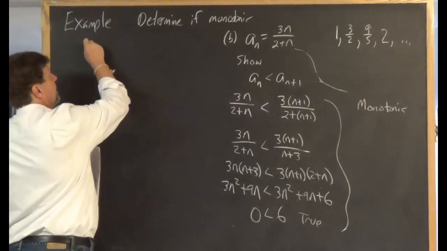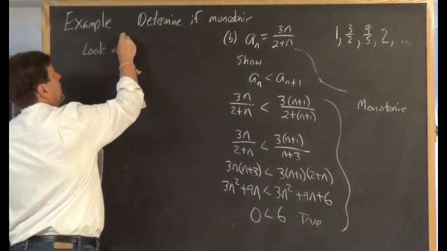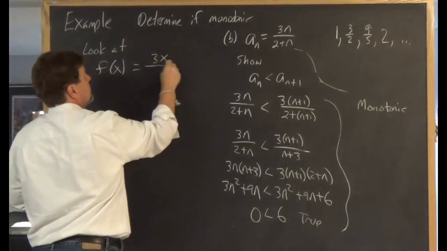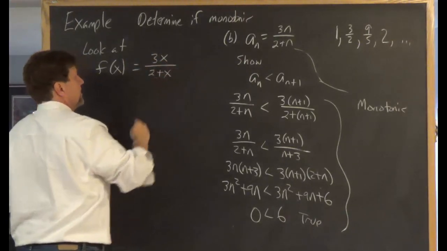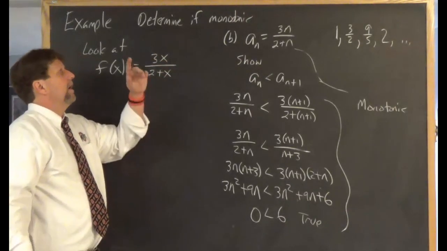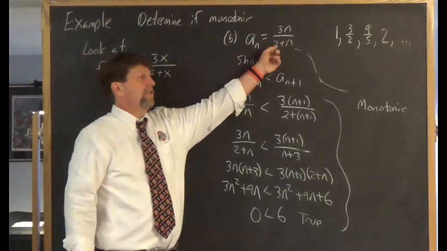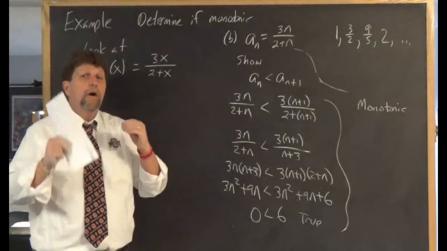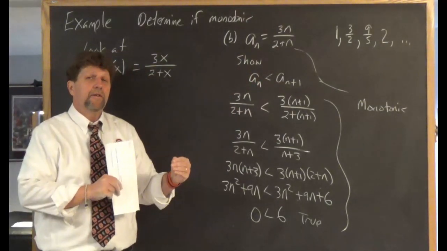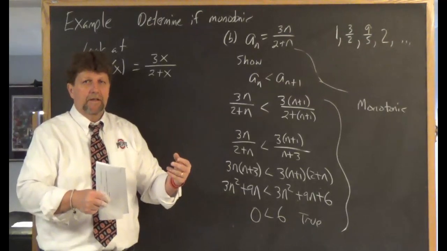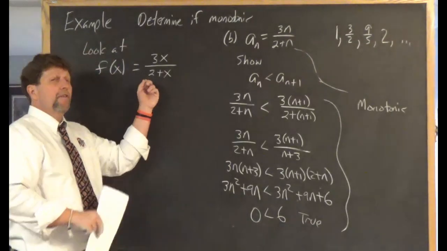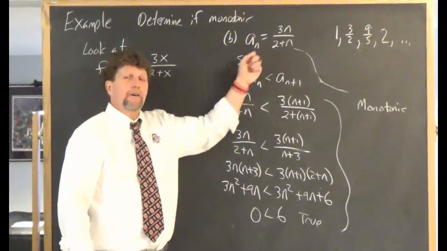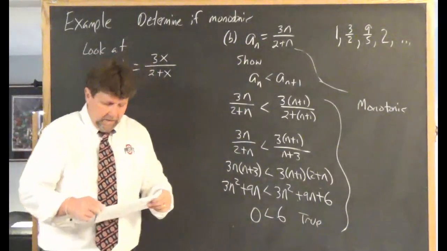We could have said, well, let's look at f of x equals 3x over 2 plus x. Are the function of the reals and the function of the positive integers identical? Are they exactly the same for the positive integers? The answer is yes. So whatever the function of the reals is doing, whatever its behavior is, this function is along for the ride.